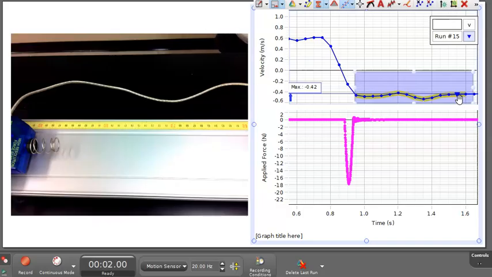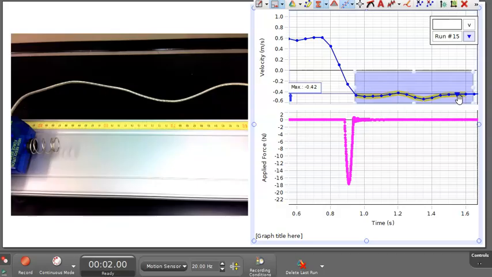And since the mass is 0.5 kilogram, which makes our math a little easier, if we divide 1.11 by 2, it becomes 0.56 kilogram meters per second in the negative direction. Negative 0.56.